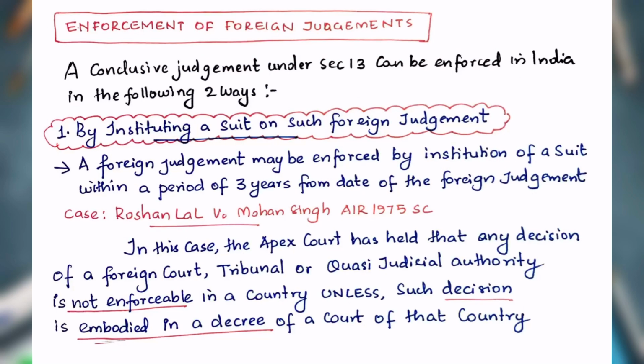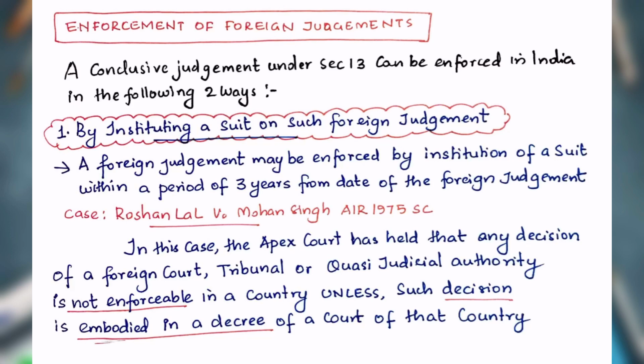Now let's enter into the last topic of the video, enforcement of foreign judgments. A conclusive judgment under Section 13 can be enforced in India in the following two ways. Number 1, by instituting a suit on such foreign judgment.